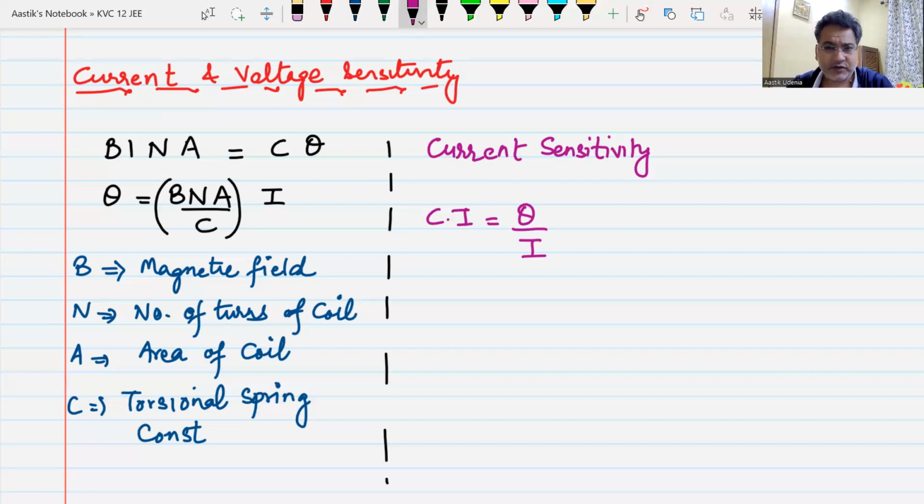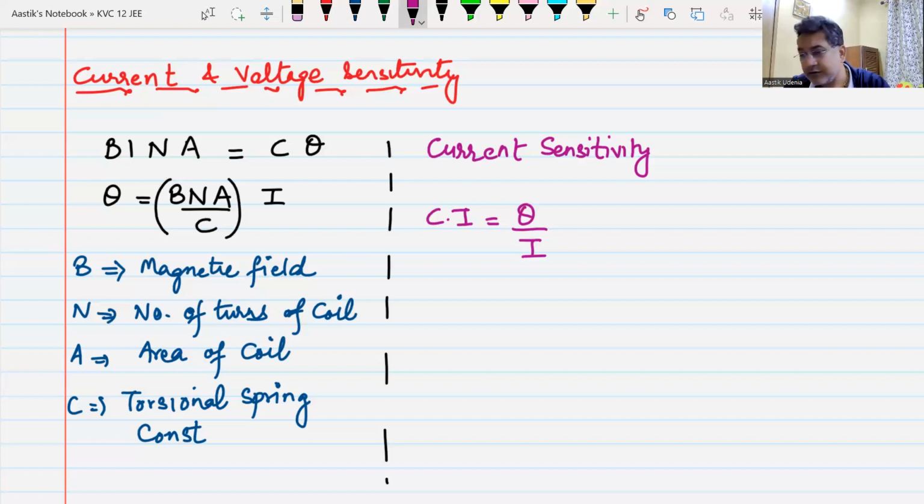That makes sense, because if for a small current you have high deflection, that means you can measure current very accurately, and therefore your galvanometer becomes more sensitive. Do we understand this?